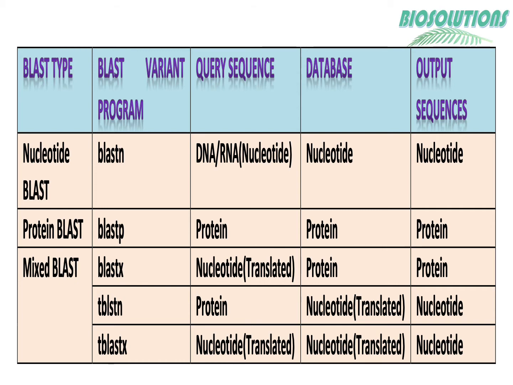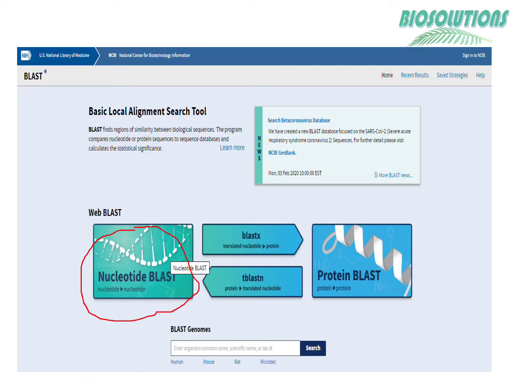T-BLASTn uses a protein sequence as a query, searches against a translated nucleotide database, and the output is nucleotide. T-BLASTx uses a translated nucleotide query, searches against a nucleotide database translated in 6 open reading frames, and output is nucleotide. In today's tutorial, we will focus on most common types of BLAST web searches.